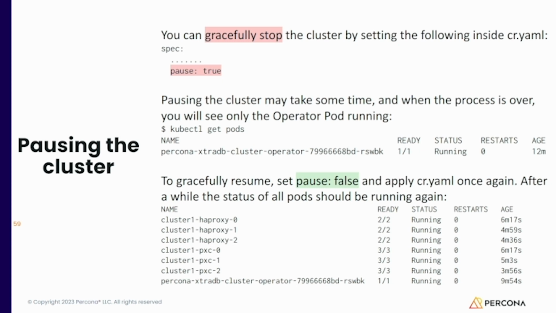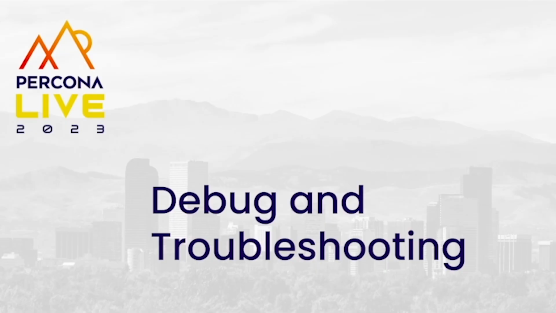If you set pause equal false and apply the CR YAML once again, the deployment will start all over, they will be resumed, and everything should go back to normal. So this is not an everyday thing, but keep in mind that if you need to stop everything for whatever reason, you can do it easily and in a safe way.